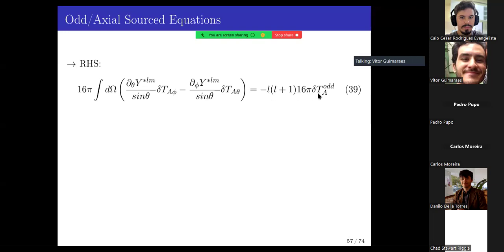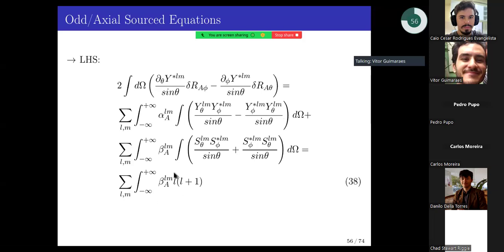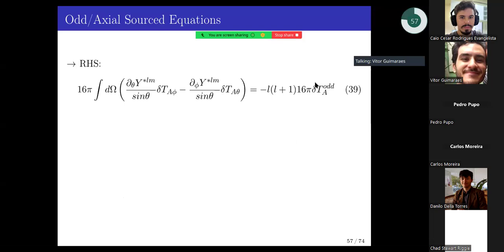And if you do this in the same way, you're going to see that what is left is only the odd part of this vector here, the perturbed vector. This perturbed vector has even and odd parts, right? But the same way that we obtained only the odd part there, here we obtain only the odd part as well.